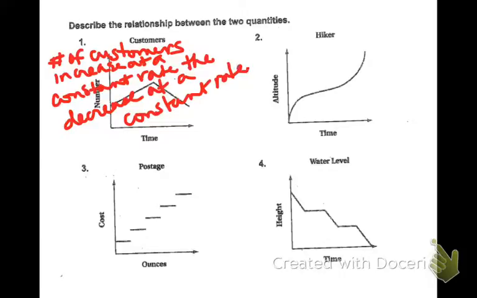Whenever the slope appears to be the same for any given part of the line, it would be considered a constant.